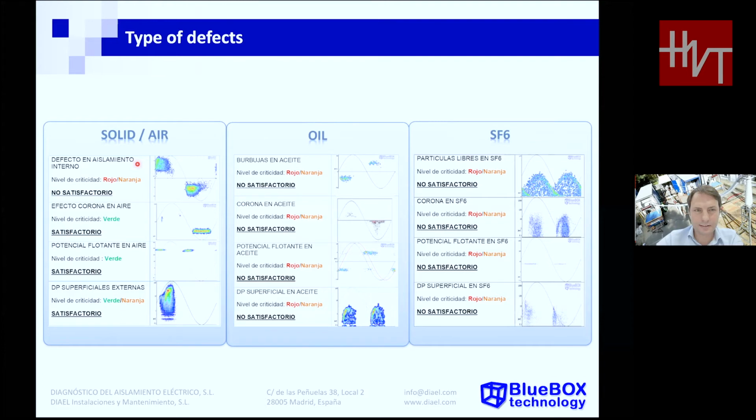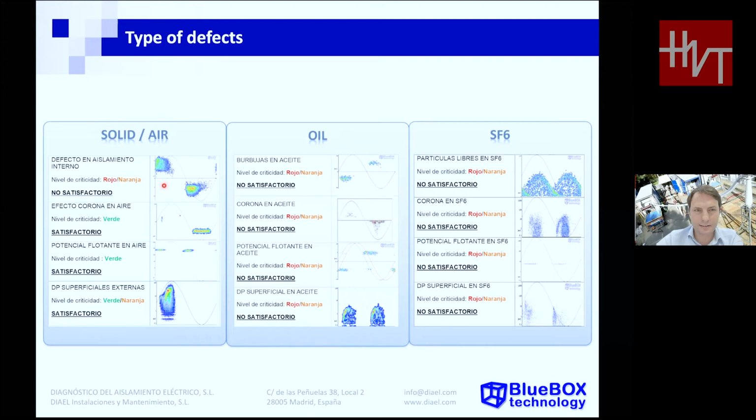If we analyze these two parameters, the amplitude of the pulses and the number of pulses per period, we can establish a severity for each phenomenon. But we need this information: the type of insulation affected, type of element, type of phenomenon, and the levels. Levels are amplitude and activity, the number of pulses.